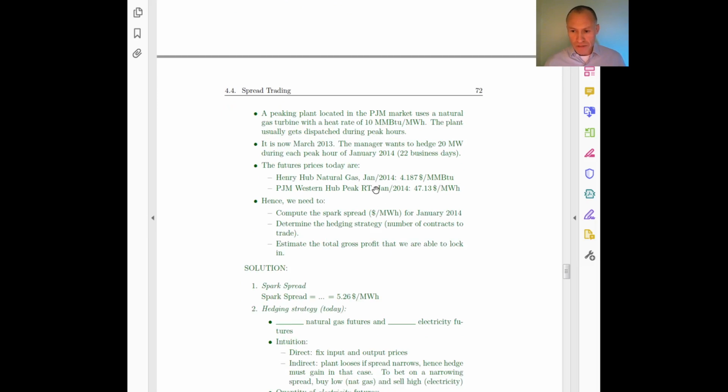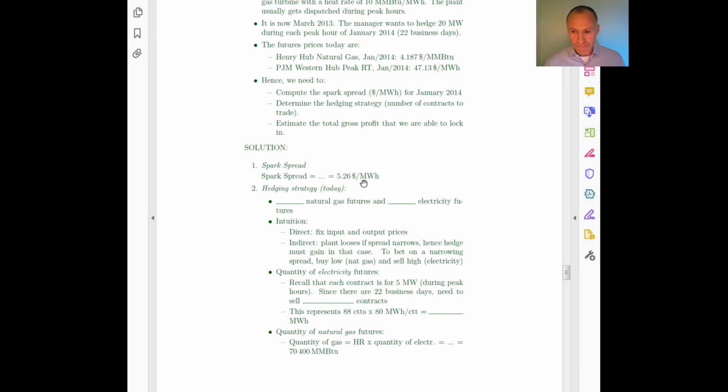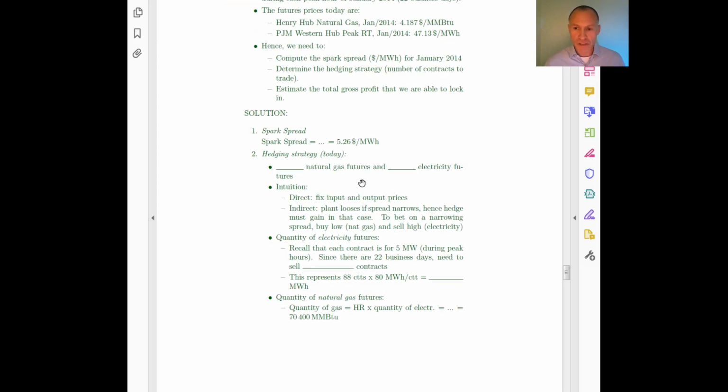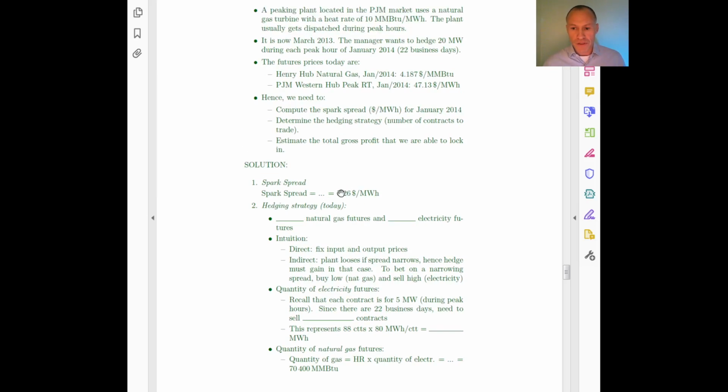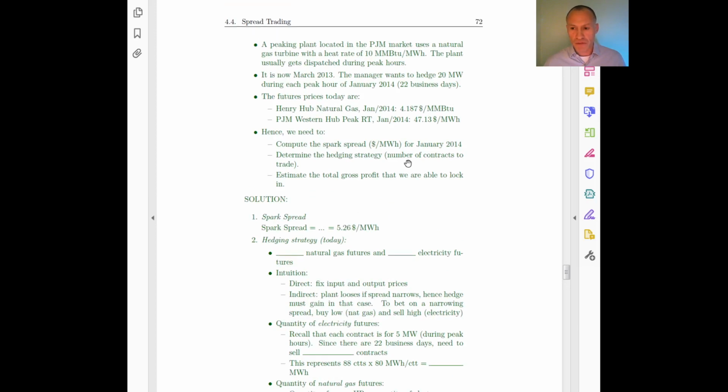Now we have the prices here for the future prices, and exactly the same type of calculation as we have done before. So compute the spark spread. Again, now we are using future prices instead of spot prices, but it's the same formula we had before. Okay. So here this spark spread is just what? It's just the difference between the output price, which would be the electricity price, minus the cost of generating 1 unit of electricity.